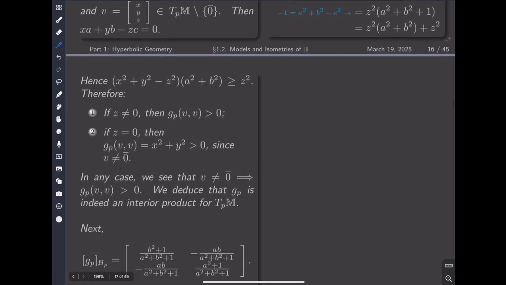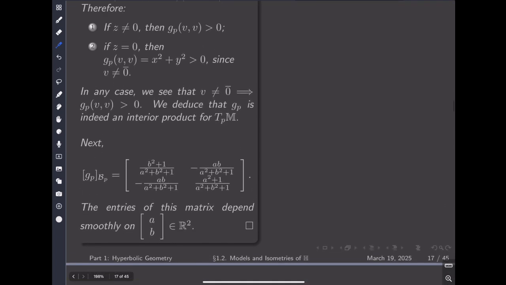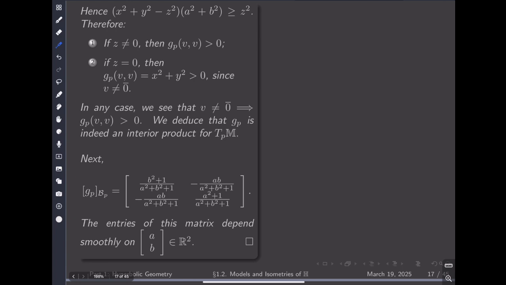Just that then what we have is two things. One is that, again, I repeat myself, for each point in the hyperboloid, I have a point, I have the tangent plane, and on this tangent plane, Minkowski's form itself is an interior product.